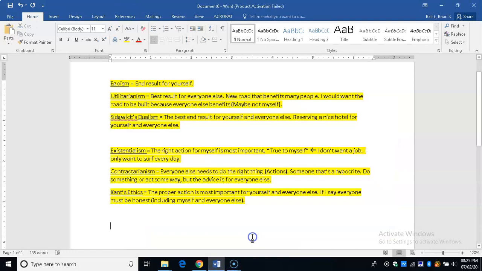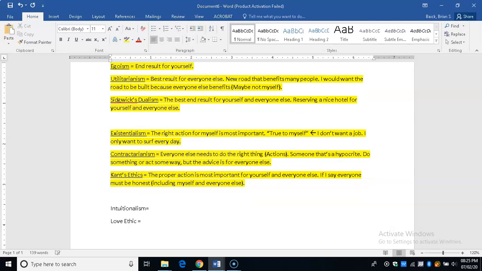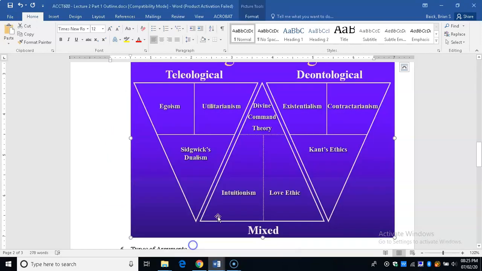Okay. So we have intuitionalism, that's about yourself. Love ethic is about everyone else. And divine command is about yourself and everyone else. Now, what all 3 of these different approaches have in common is that they are what we call a mixed framework approach.